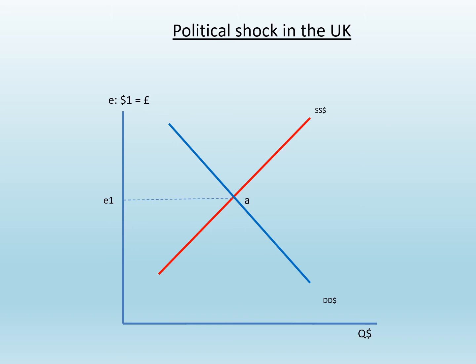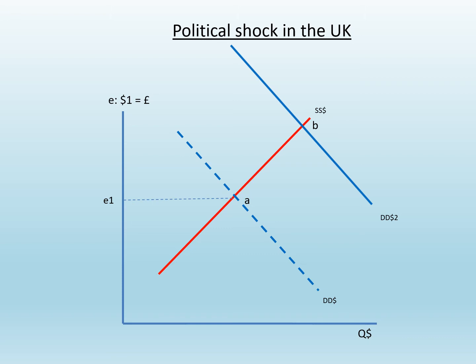Here we have a political shock in the UK. And a good example of the political shock would be, for instance, a Scottish civil war or Brexit. So let's go back to June 2016 when Brexit is announced, and that's a major political shock. And the consequence of that major political shock is that there's big capital outflows.